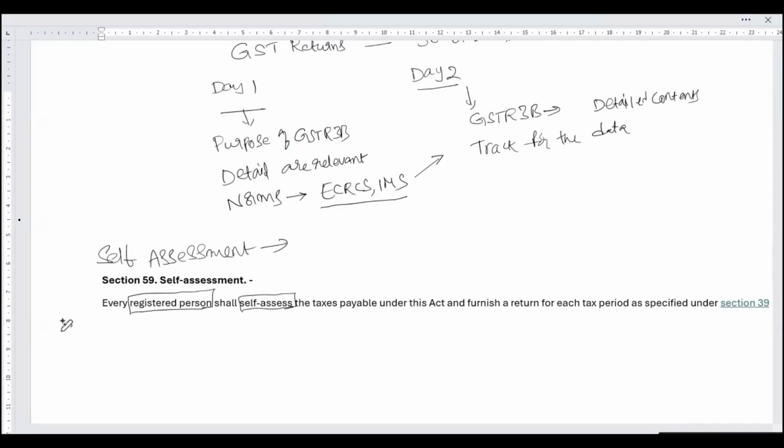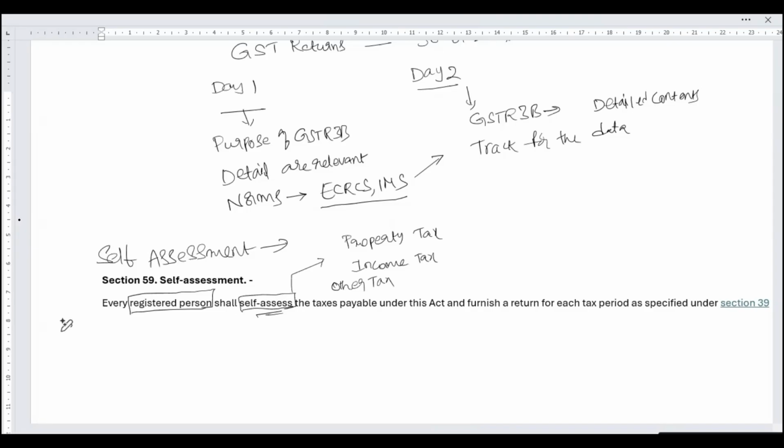We would come across this term self-assessment for people who have paid property tax, income tax, or any other tax. We would come across this term called self-assessed. So I, as a taxpayer, when I do the assessment, it's called self-assessment.